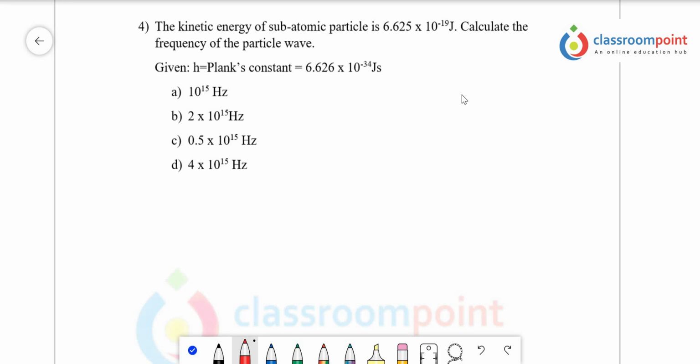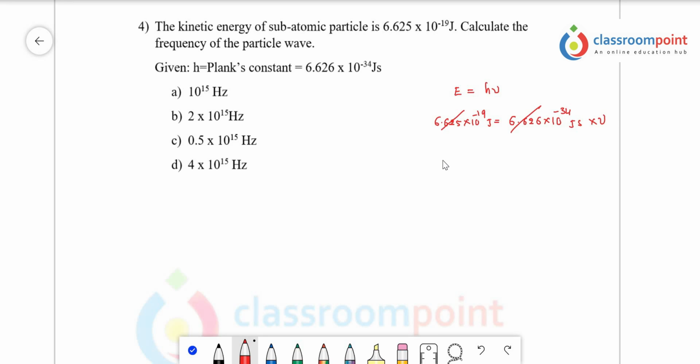Let us think here. E equals h nu. Energy is given, 6.625 into 10 power minus 19 joules. And the Planck's constant value is also given, 6.626 into 10 power minus 34 joule second, and the frequency is to be calculated.